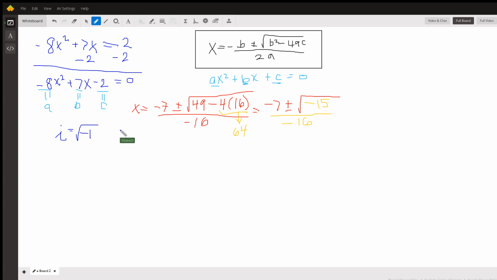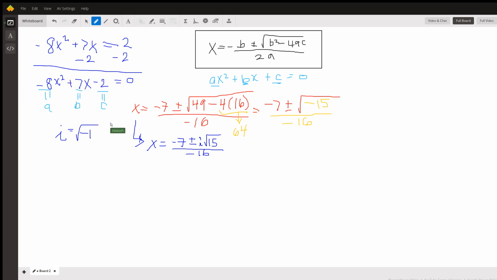So we can really rewrite this equation right here as x is equal to negative 7 plus or minus i times the square root of 15, divided by negative 16. And we get two answers here because we have a plus or minus.